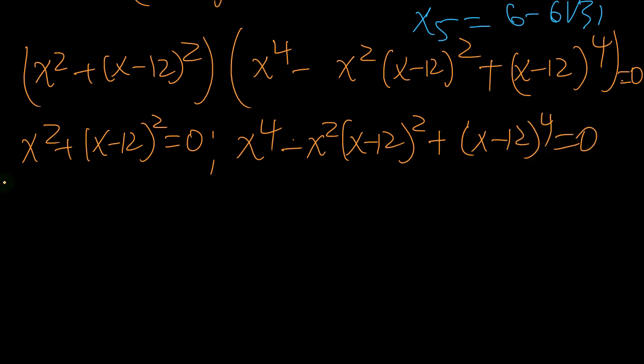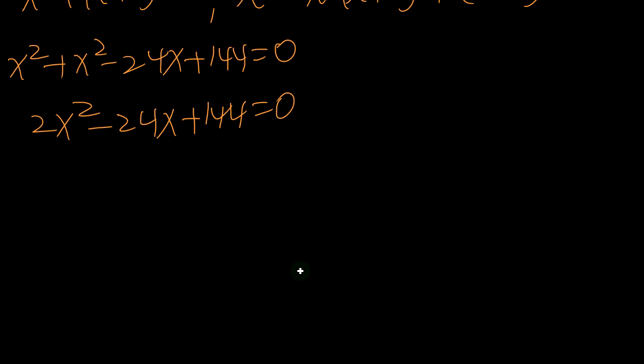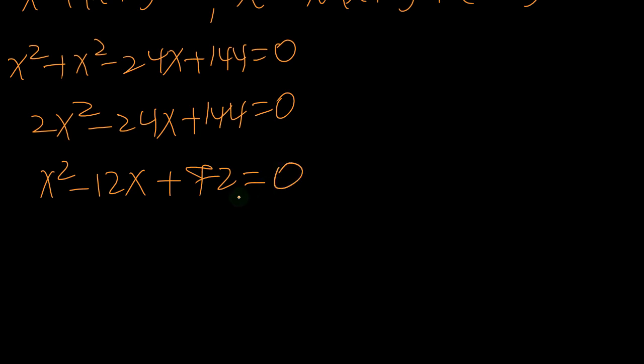Solving this one, we're going to have x squared plus x squared minus 24x plus 144, and this is 0. So 2x squared minus 24x plus 144, and simplifying by 2, we have x squared minus 12x plus 72 equals 0.